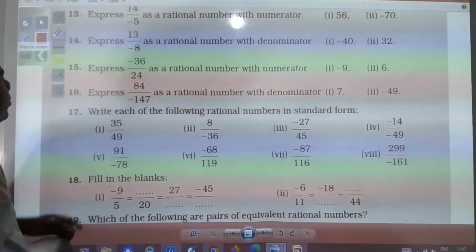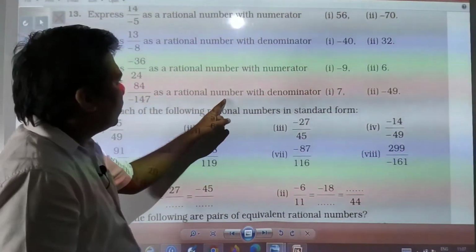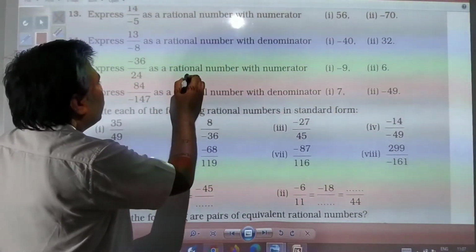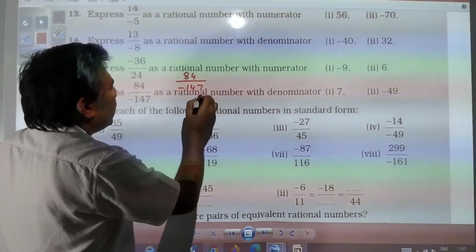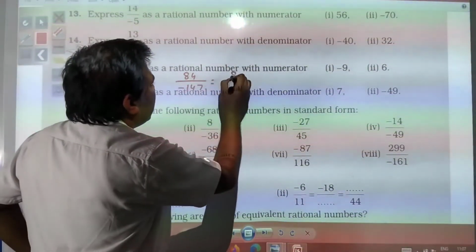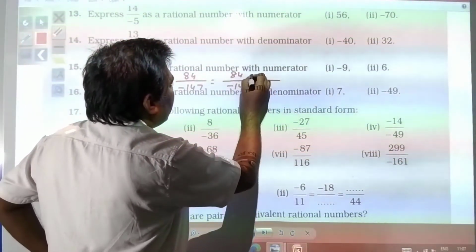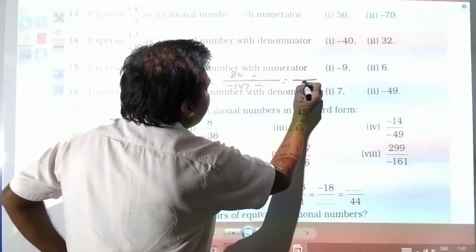Next you see 84 by minus 147 as a rational number with denominator 7. 84 by minus 147. So you see 84 by minus 147 divided by what number we will divide, so that denominator we will get 7.